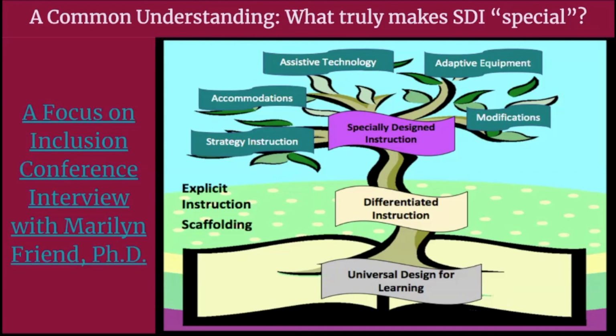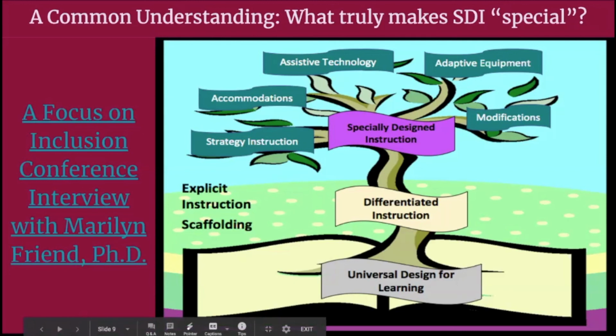I also would like you to note that on the side here, it says a Focus on Inclusion conference interview with Marilyn Friend. It's just a great 5-minute video where she really gives a great definition for what SDI is and how it's different than differentiation. So it's important to note, once we're talking about SDI, and Helen mentioned this earlier, it's above and beyond that.